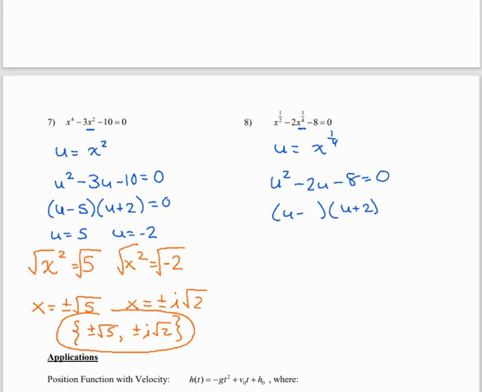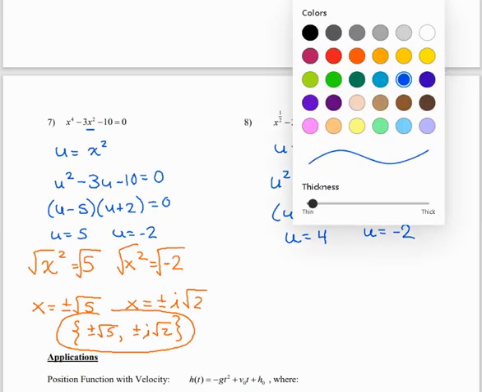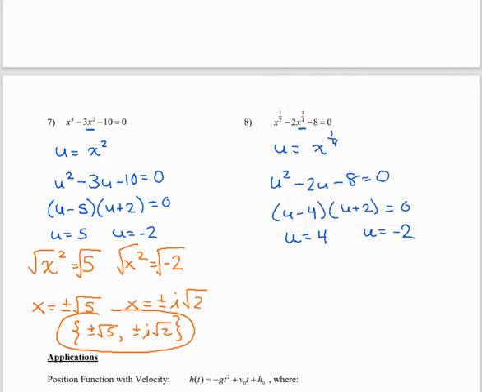We set those to 0 and we get u equals 4 and u equals -2. But again, we're not looking for u, we're looking for x. So I substitute in x to the 1/4 equals 4 and x to the 1/4 equals -2.